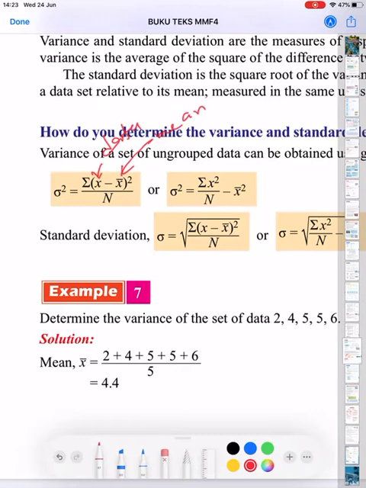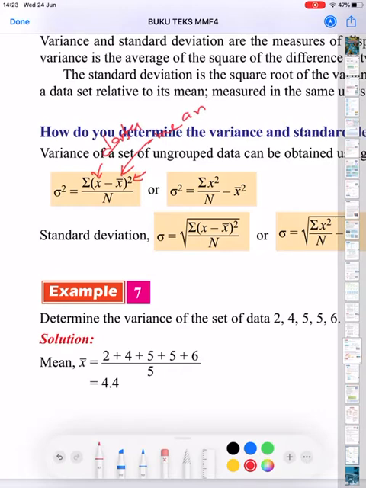The difference between the data and the mean is squared, then you take the average by dividing with all the frequencies, the sample size. That's how we get the definition for variance.